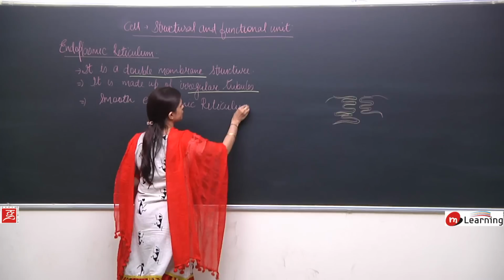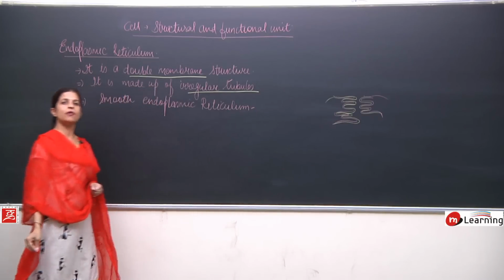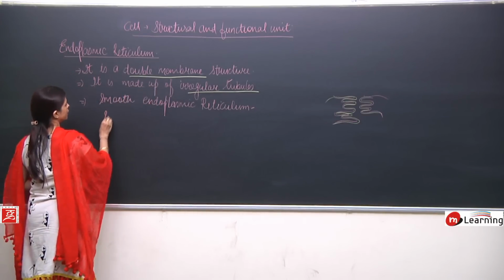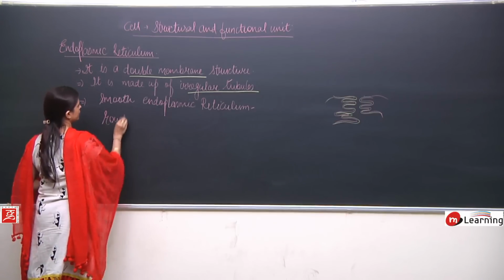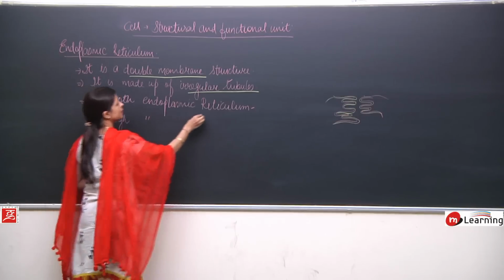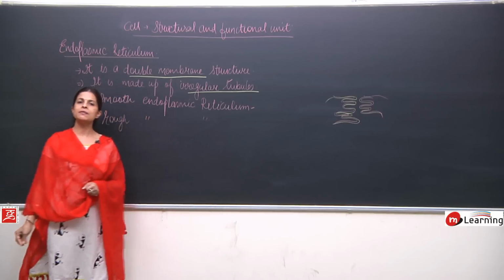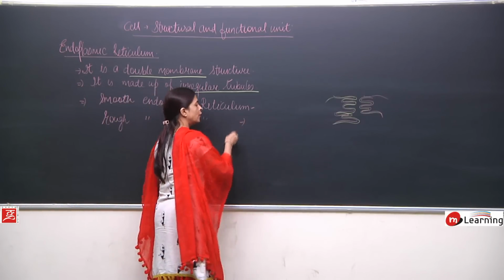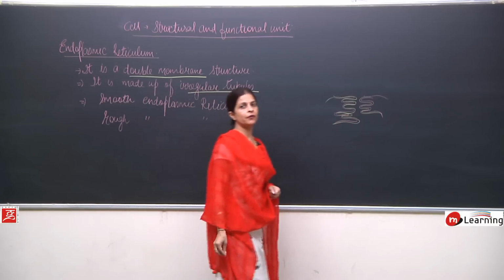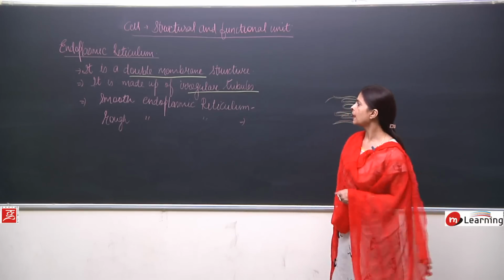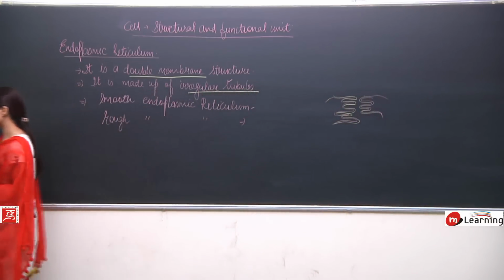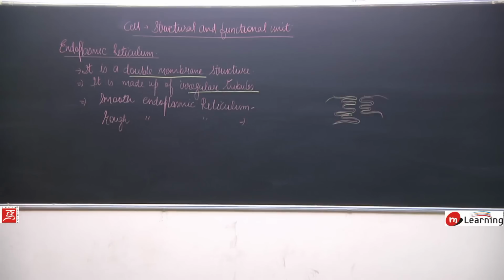What is the meaning of smooth endoplasmic reticulum and what is the next one? Next one is rough endoplasmic reticulum. What is the meaning of the smooth and the rough endoplasmic reticulum? We have discussed this while discussing this structure also.